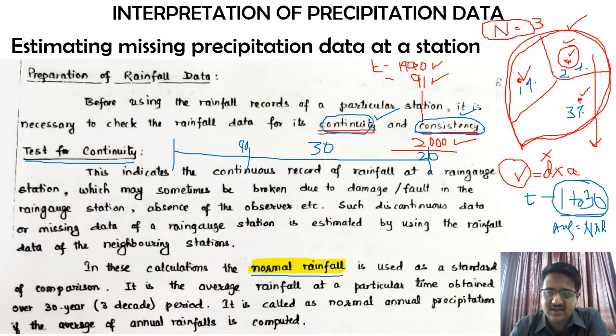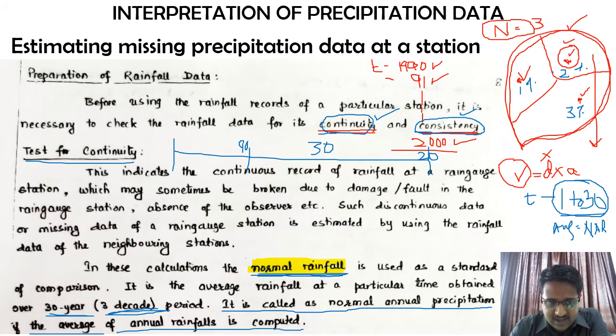Now as I said, this normal rainfall is collected over a period of 30 years, or 3 decades. And one more thing: it is called normal annual precipitation if the average of annual rainfall is computed.